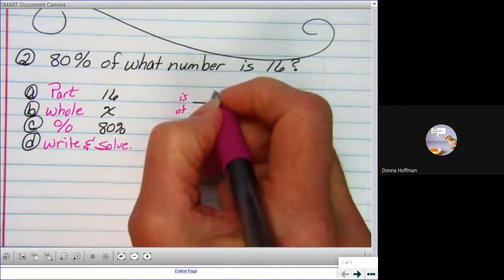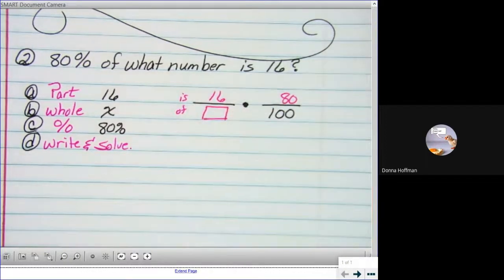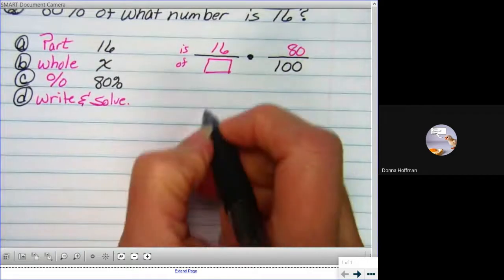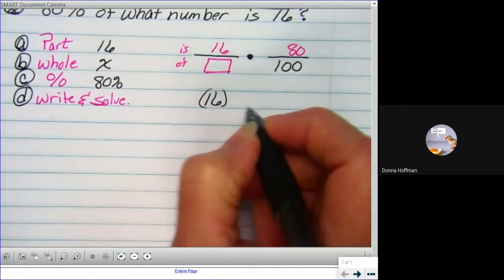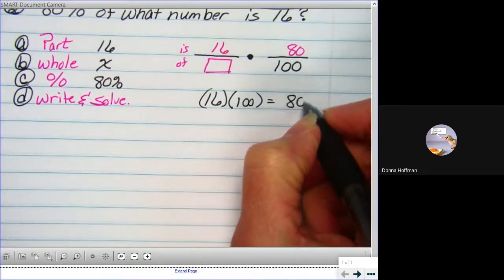Is 16 over an empty box. I don't know what the whole number is. So once you get it set up, you go right into that cross multiplying again. Everything else stays the same. So now this is going to be 16 times 100 equals 80x.